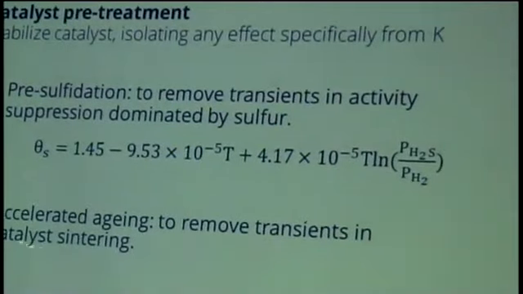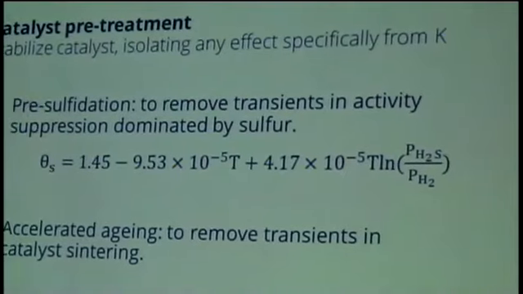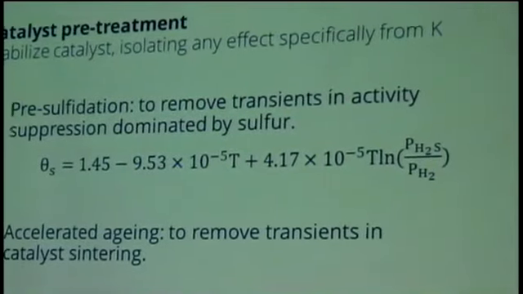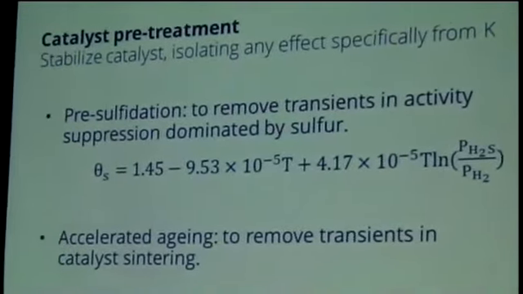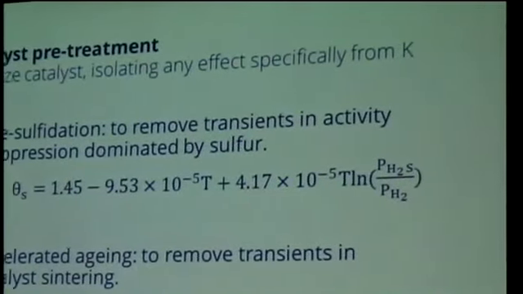Before adding the sulfur, you can also accelerate the aging to remove all the transients of catalyst sintering, by doing a treatment in steam at high temperatures. You need hydrogen present so as not to oxidize your catalyst, but this is a way to remove these sintering agents.